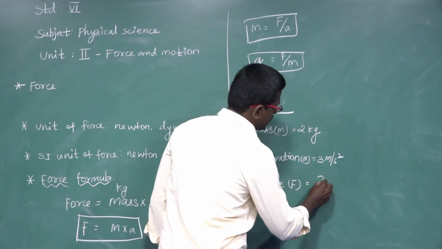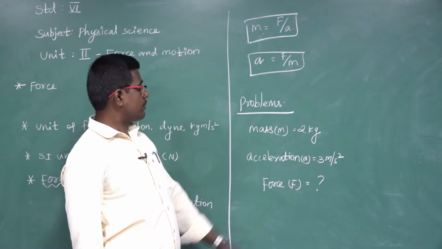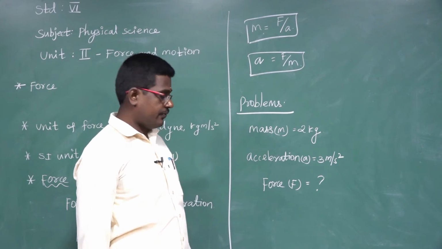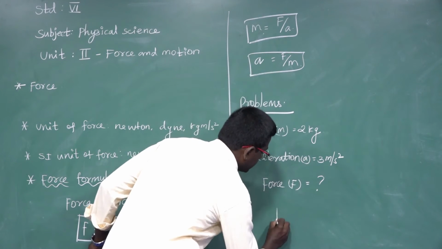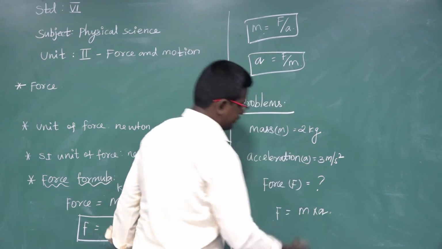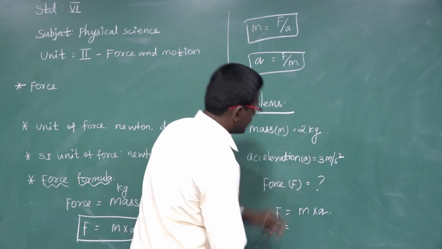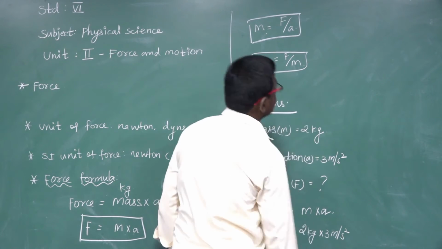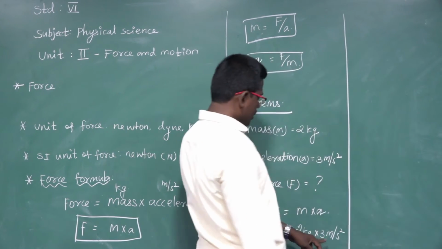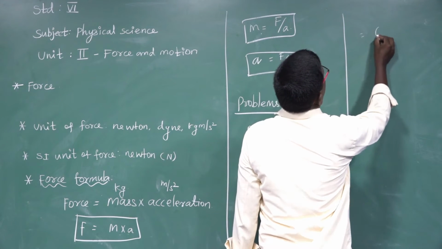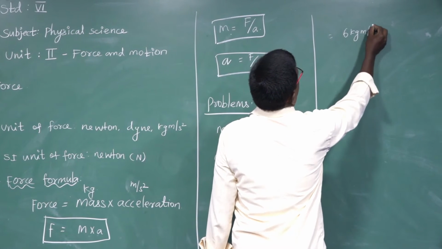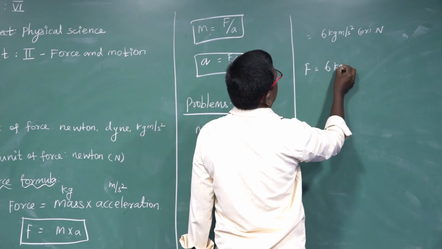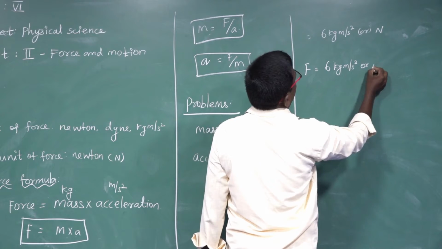Force F equals m into A. So 2 times 3 is 6. F equals 6 kilogram meter per second square, or 6 Newton, symbol N.